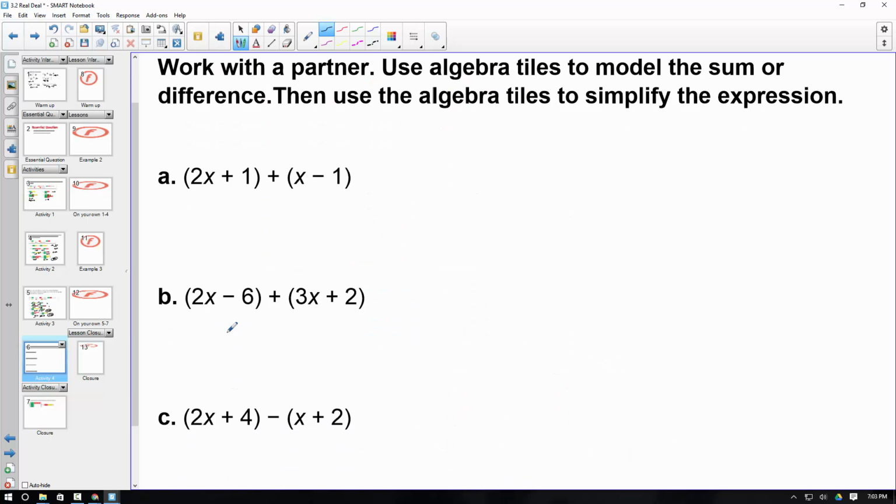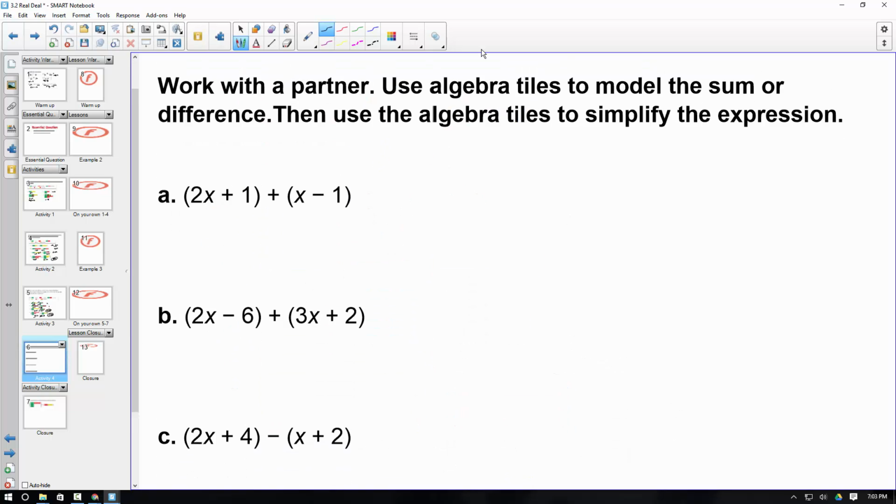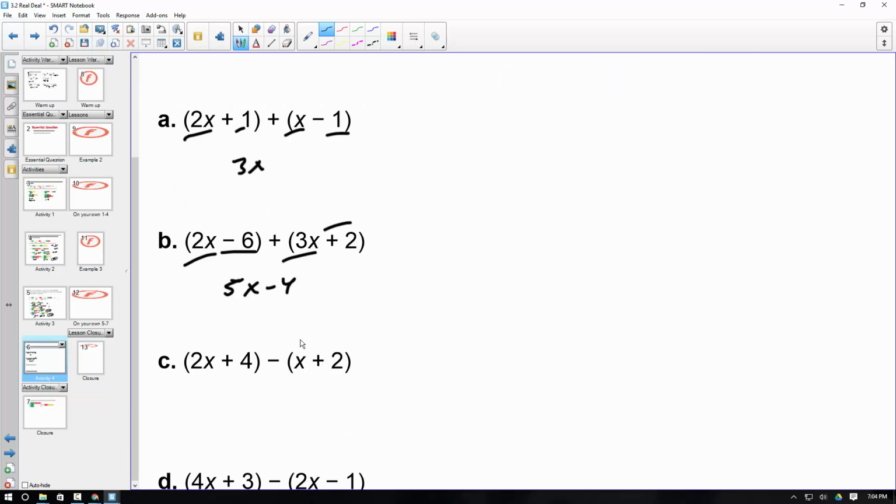So now we're going to do the exact same thing and do the algebra tiles here, or do the same kind of things. So if I look here, this is 3x, because I combine these terms together, and I have 3x. And then this and this becomes a 0, right? So it's just 3x. This here, I'm going to go through, and I have 5x minus 6 plus 2 is minus 4.